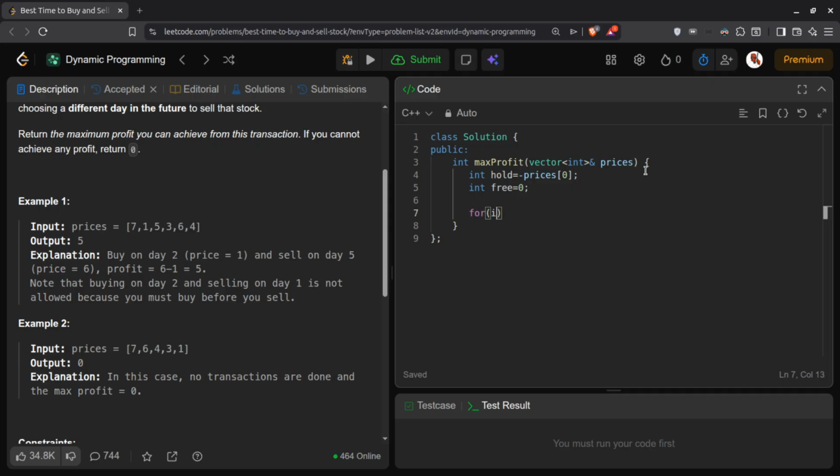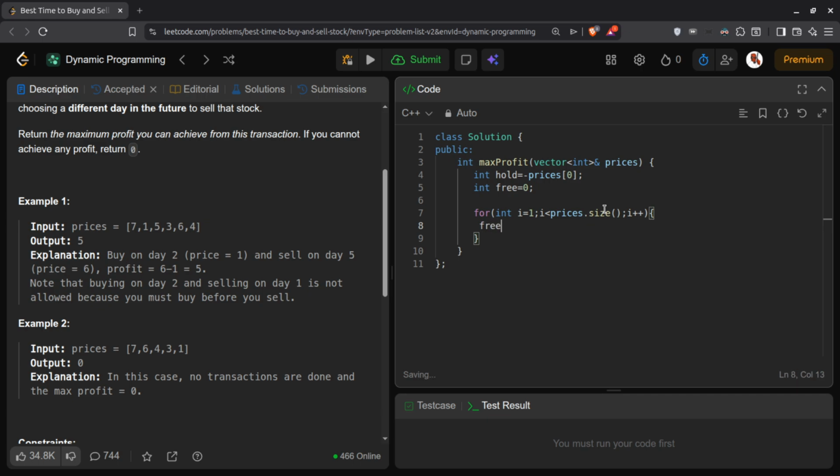Let's write a for loop, int i. We start from index 1 because we have already used the index 0 value. i is less than prices.size(), and i increment.